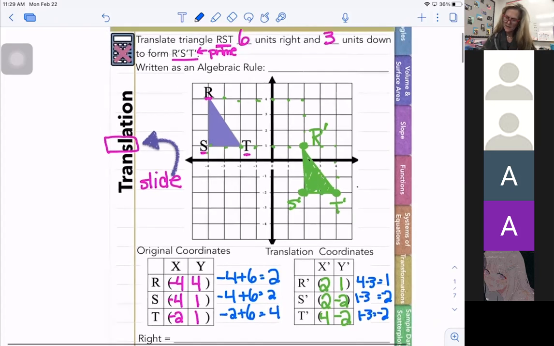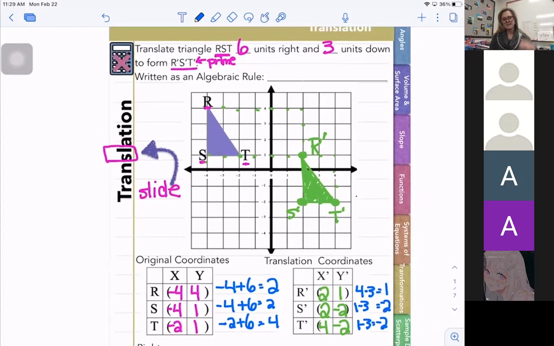Then I can look up here and it says written as an algebraic rule. There was a consistent thing happening, right?